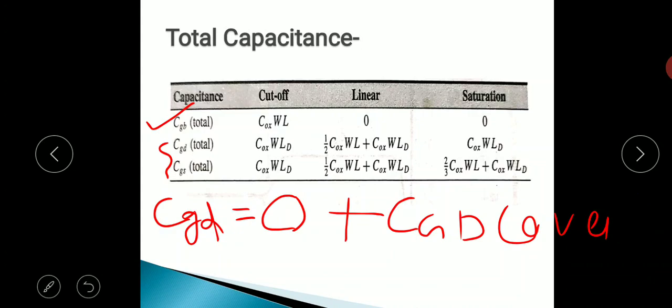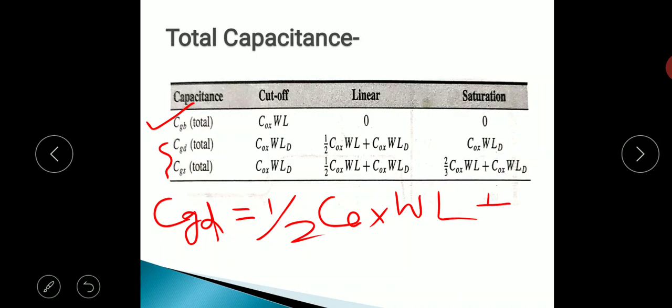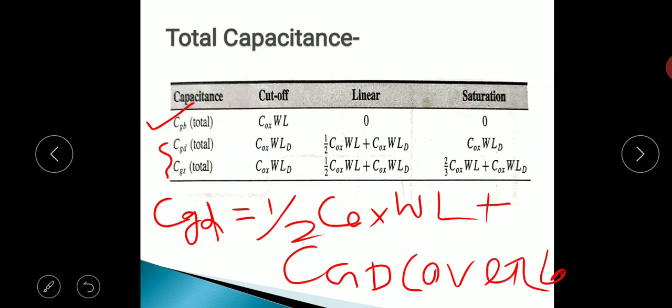Like this, in linear region CGD equal to 1 by 2 Cox WL plus CGD overlap. So the value is given here: half Cox WL plus Cox W LD. The value of CGS is the same.